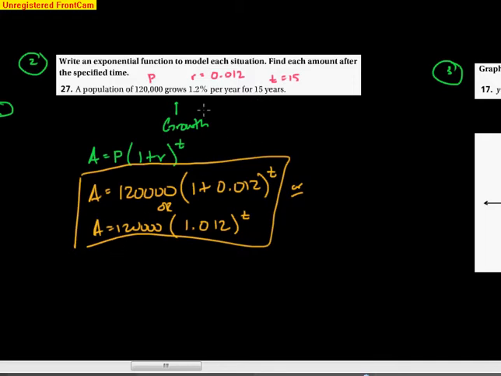And now let's plug in 15 for t. And now let's actually find what the population is going to turn into after 15 years. And again, you can plug it in for t in either model. It doesn't matter.